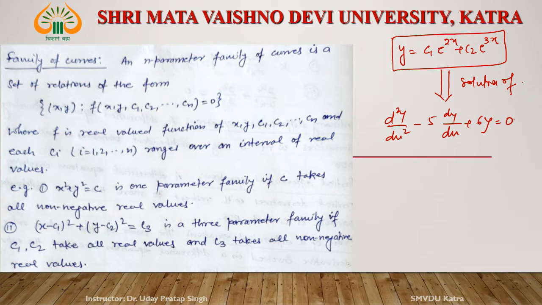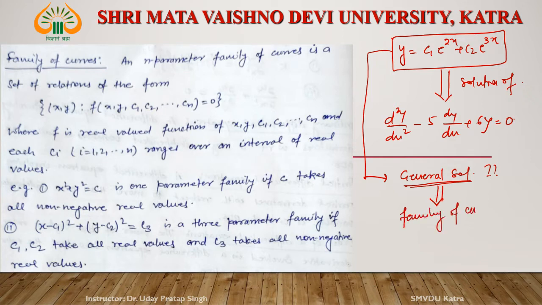Okay. So this solution we call the general solution. Later on we will discuss more about the general solution. What does this general solution give us? This general solution gives us a family of curves.